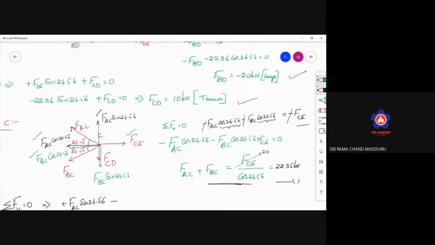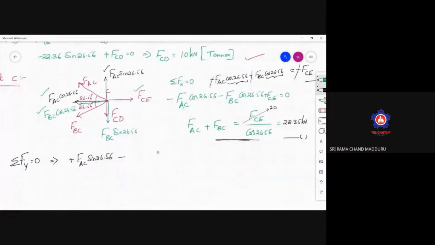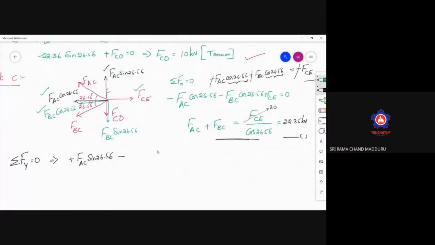Now, go to the sigma Fy equation. FAC sine 26.56, it is going in the upward direction, minus FCD minus FBC sine 26.56 equal to 0. FCD is 10. Here it is looking. So FCD is 10. Substitute that value.